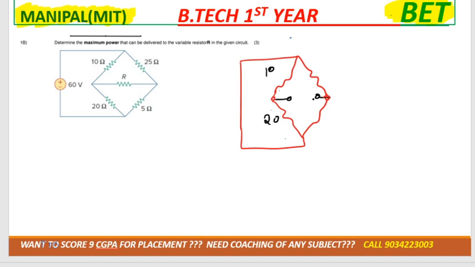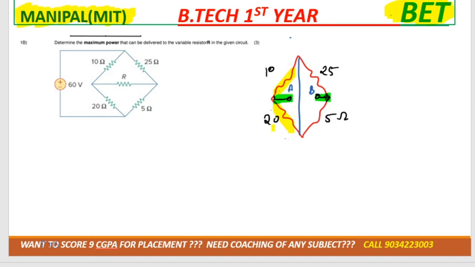Now you need to tell me which resistor is in series and which is in parallel. Can I connect this wire from here to here? Tell me. Now think as I am saying: standing at A, where do you have to go? B. Right? This 10 ohm and 20 ohm are your friends. So these two resistors are on the same path or on different paths?